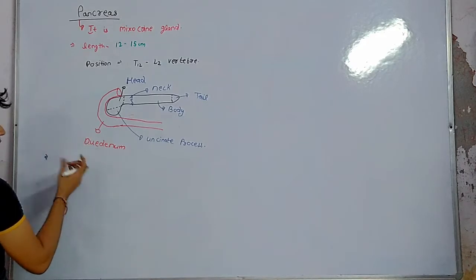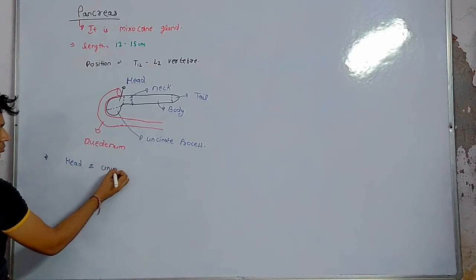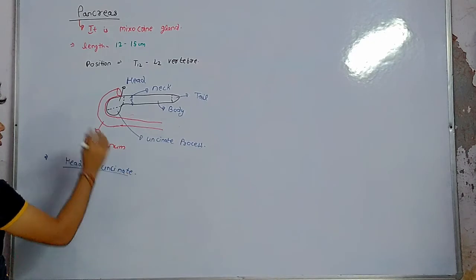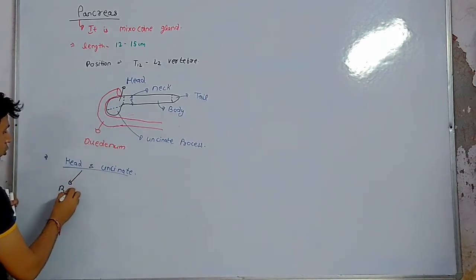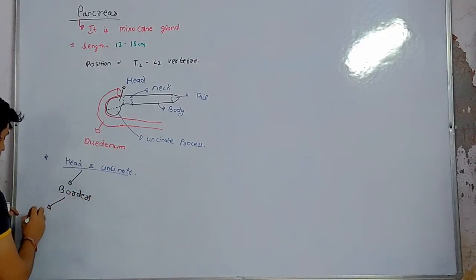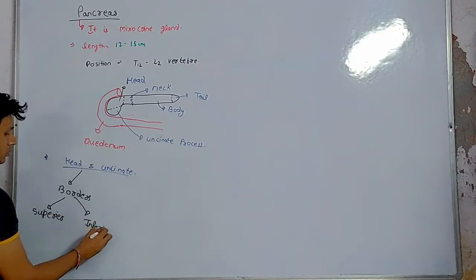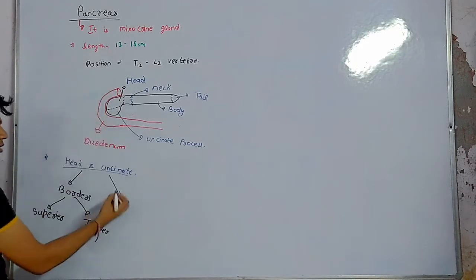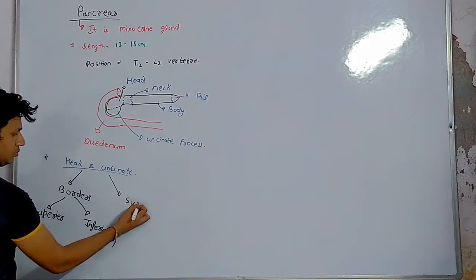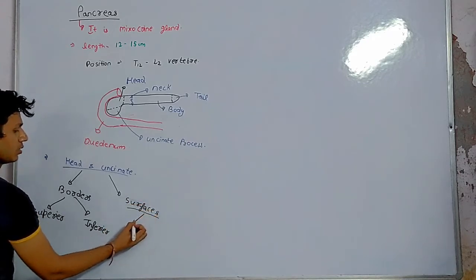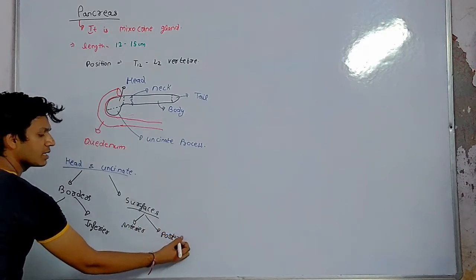The head and uncinate process have two borders, superior border and inferior border, and two surfaces, anterior and posterior surface.